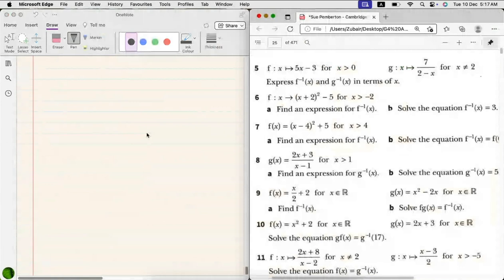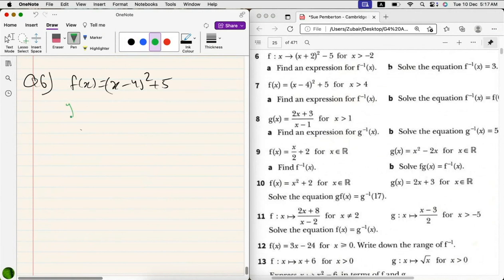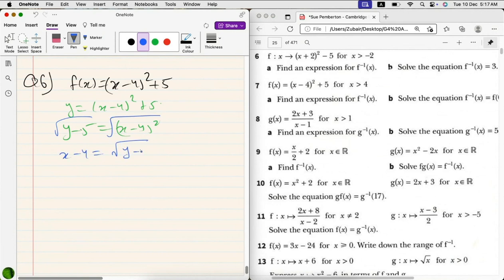Okay, number 6. It says f of x is equal to x minus 4 whole square plus 5. y is equal to x minus 4 whole square plus 5. y minus 5 is equal to x minus 4 whole squared. x minus 4 is equal to square root of y minus 5. x is equal to 4 plus square root of y minus 5. f inverse x is equal to 4 plus square root of x minus 5.